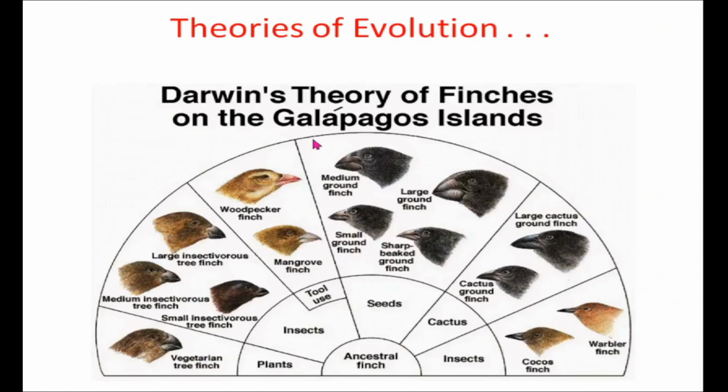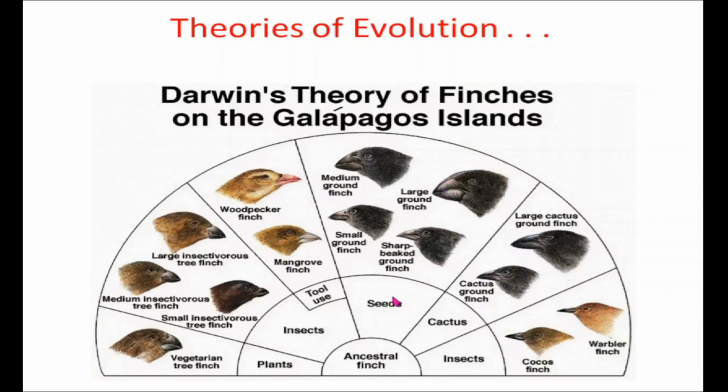For example, these are Darwin's finches. Darwin's theory of finches on the Galapagos Islands. Here they are birds, more or less similar, but there are also some differences. For example, insect feeder finches: you can see the beak size or the beak shape. Cactus feeders: you can see the beaks, or the mouth part of the bird.